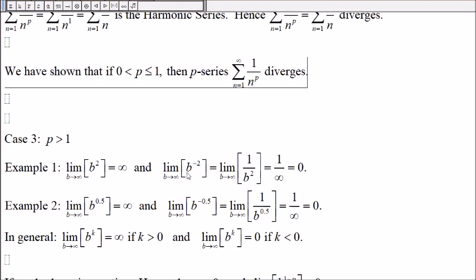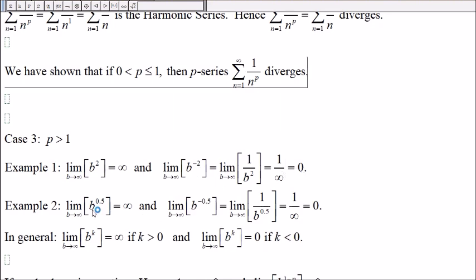If we have b to the negative 2, b to the negative 2 is 1 divided by b squared. And so as b approaches infinity, b squared approaches infinity, and so we get 1 divided by infinity, which is 0. So if the exponent is positive here, we get positive infinity. If the exponent is negative, we get 0.